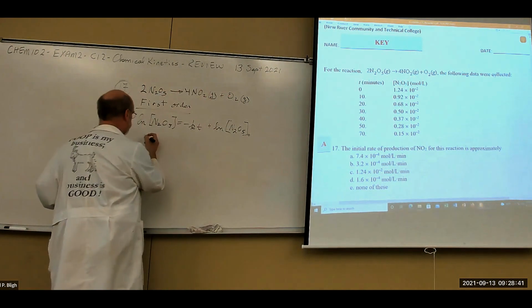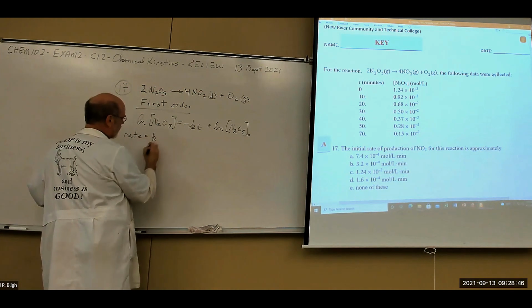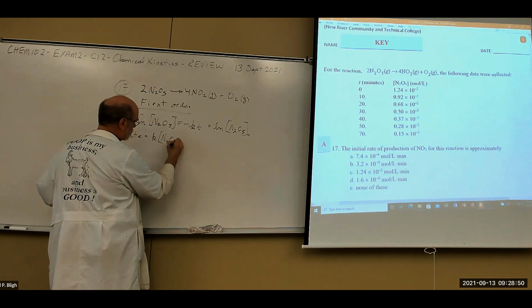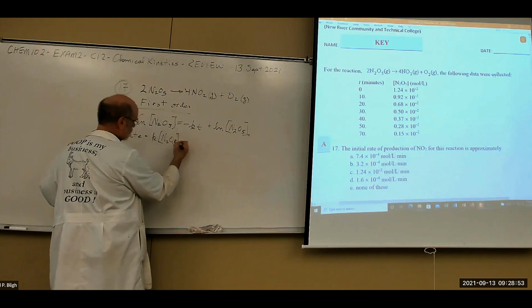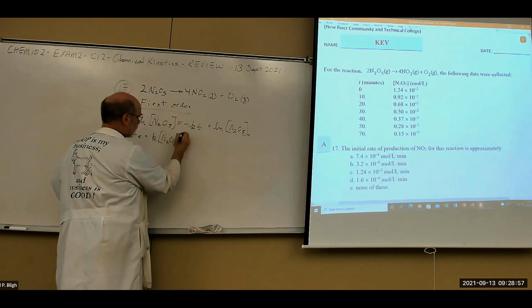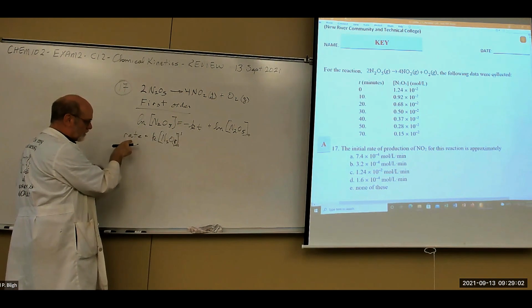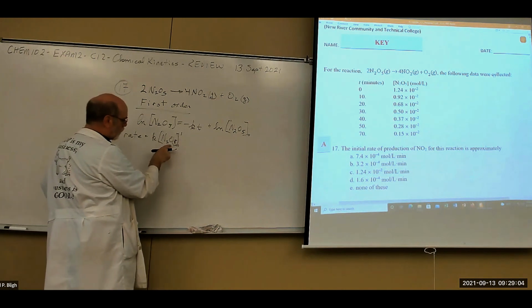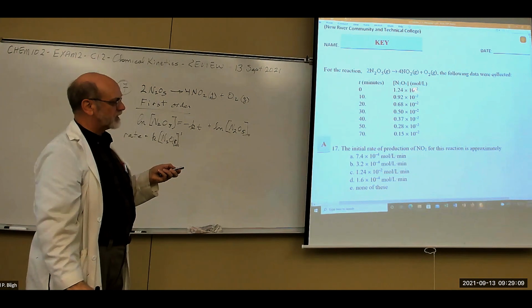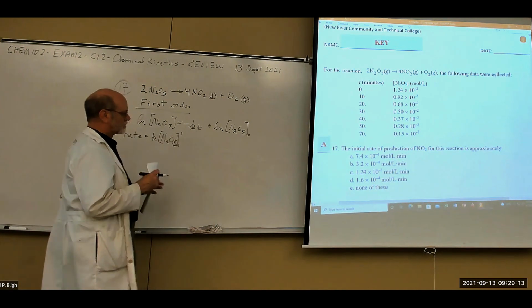So we have to write this one as the rate equals K times N2O5 initial. And we're told it's first order, okay, so that's the rate law. We want to know this rate at the very beginning, so that's where we want this concentration to be 1.24 times 10 to the minus 2. But we've got to find out what K is.